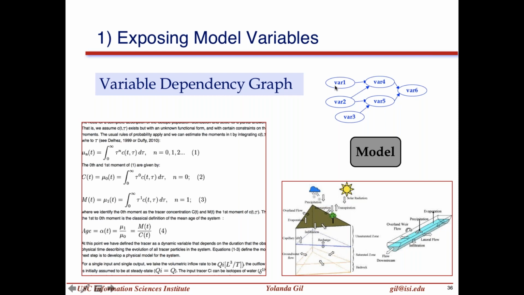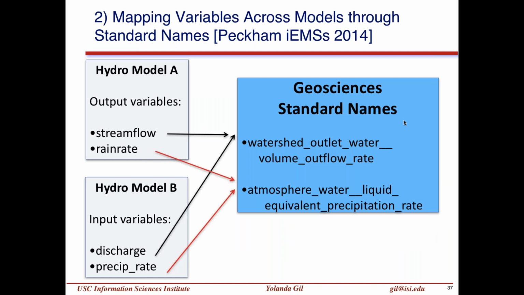So what we really want is to be able to say what variables are present in a model and what their dependencies are. And if other models use variables that are overlapping, we want to make sure that their treatment is consistent. So it's important to expose the model variables, not just inputs and outputs, but any internal variables as well.